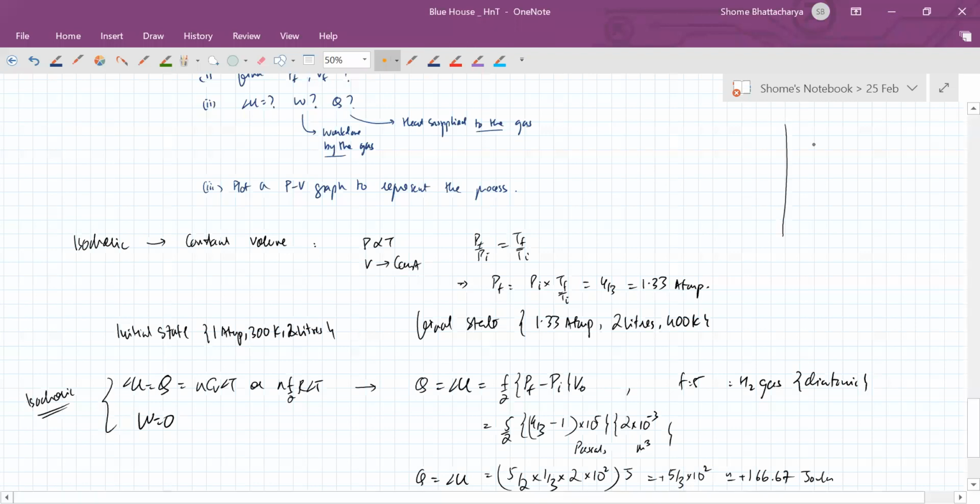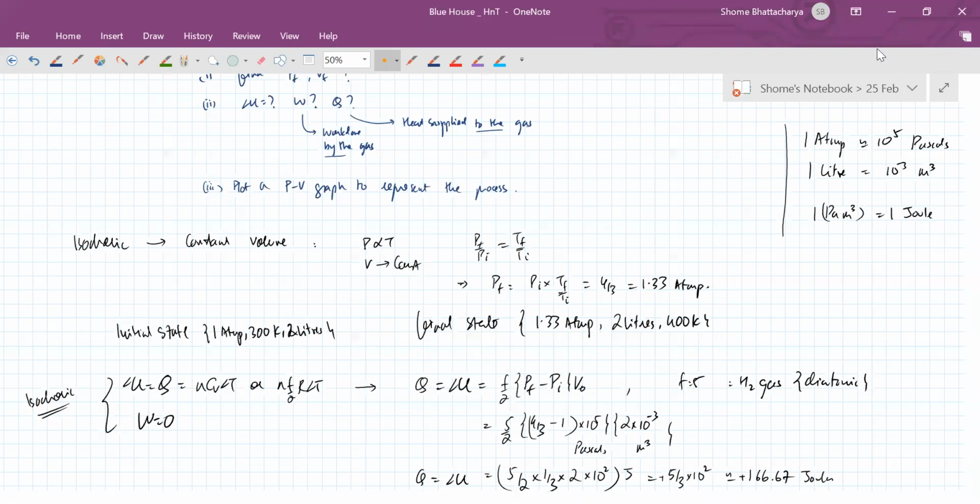So remember this conversion, 1 atmosphere is approximately 10 raised power 5 pascals and 1 liter is equal to 10 raised power minus 3 meter cube, and 1 pascal meter cube is equal to 1 joule. Right, we can also calculate it in terms of R. Okay, but then we'll have to calculate number of moles and all that.